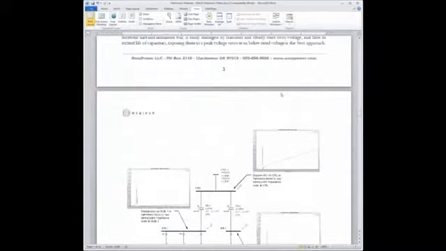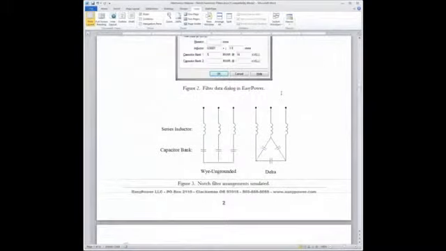Because of that, these are the two predominant styles of banks that you can simulate inside the EasyPower software. One's going to be a Y ungrounded, and the other is going to be a delta connected capacitor bank. In both cases, we have series reactors in a set of 3.